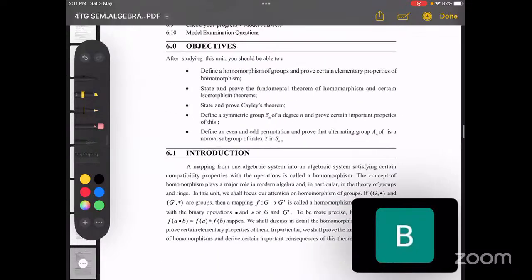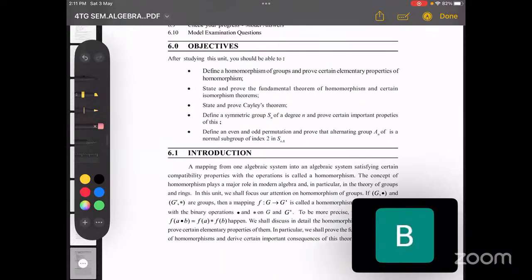So here in the first unit, in the introduction, I have told about what a function is, a mapping from one set to another set, what a one-to-one function is, and also an onto function, what a surjective function, an injective function and a bijective function are. Okay. So those concepts you will have here.